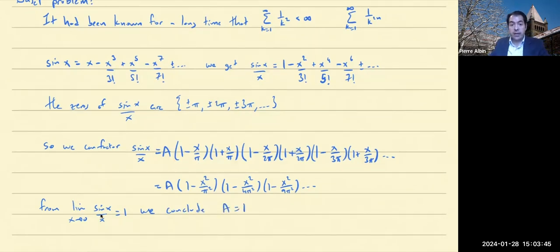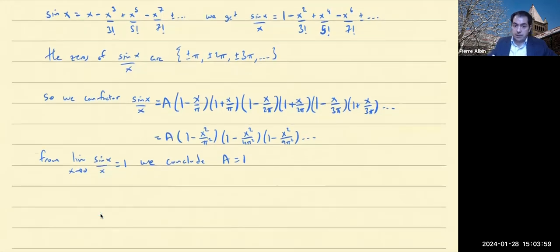Okay, so now we have two expressions for sine x over x. On the one hand, we have this power series. On the other hand, we have this infinite product, right?